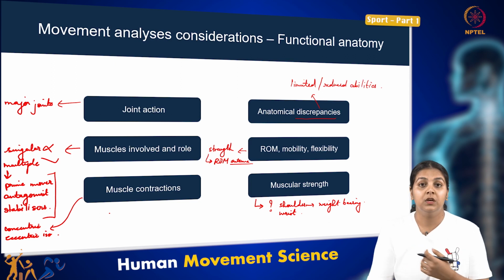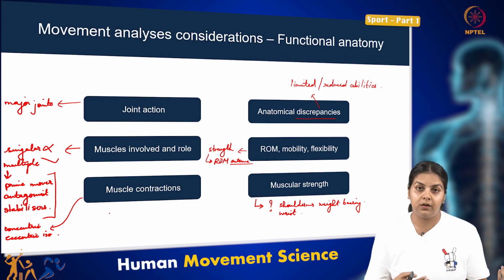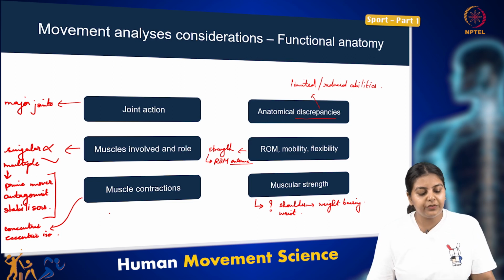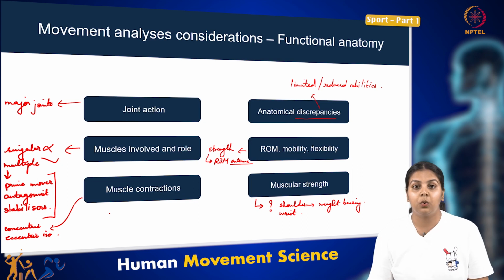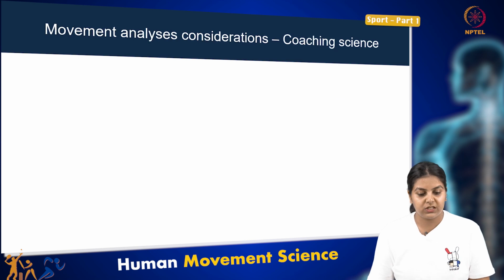It could also be the strength difference from limb to limb. It could be the limb length from limb to limb. So we have all of these different components or considerations that are quite important when you're looking at them from the functional anatomy lens. So we've looked at biomechanics and we've looked at functional anatomy. Let's move to coaching science.